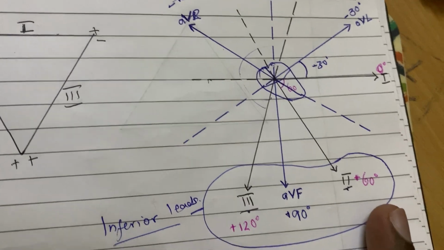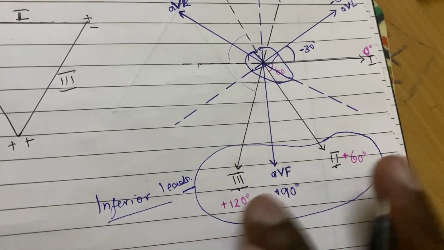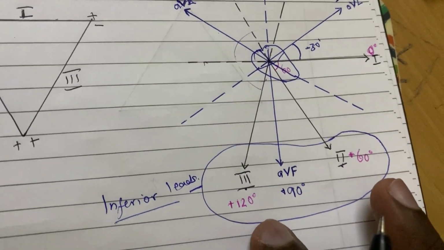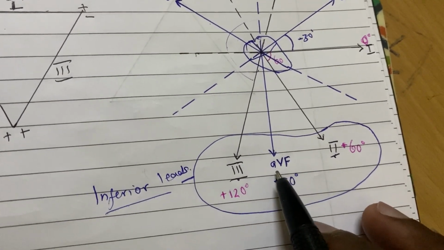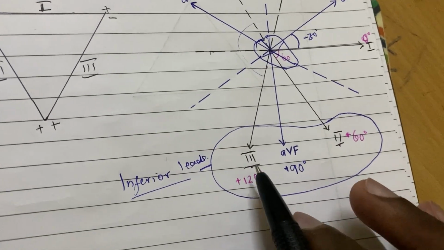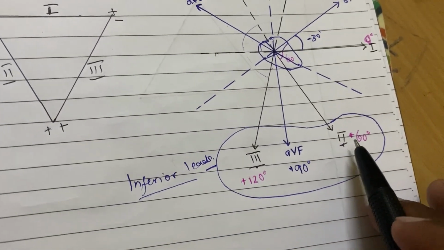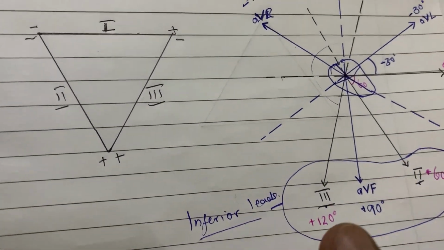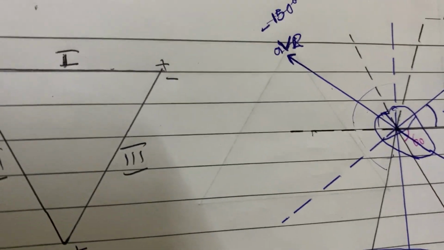So any change that happened in one of these should reflect in another one. If AVF is showing any abnormal change, that abnormal change should also be in lead 3 and or lead 2. It should be there. That's why we need to group them like this: inferior leads, lateral leads.